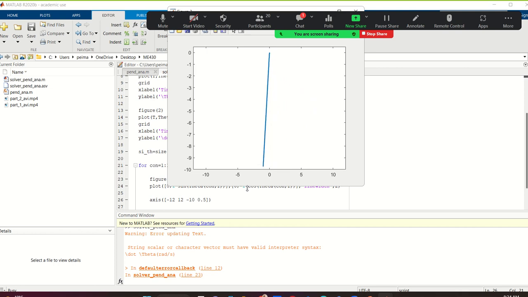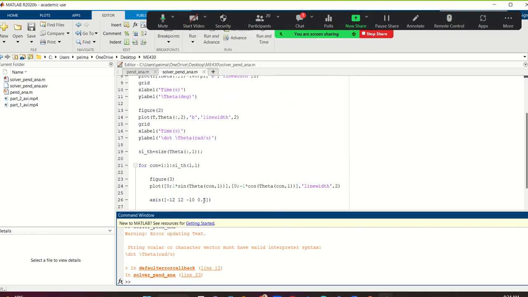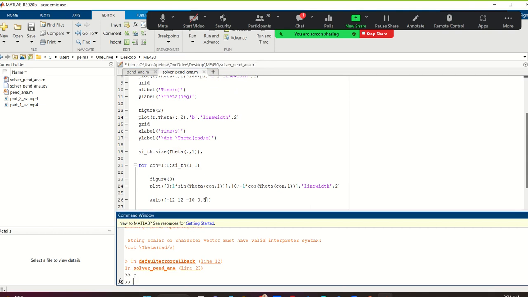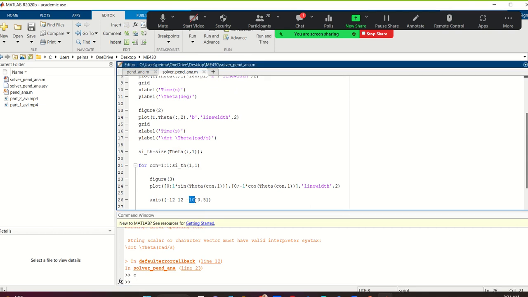Clear? Yes? Good. But to make it symmetric, I'm gonna make this 15 to make it more reasonable. I'm gonna take this one.